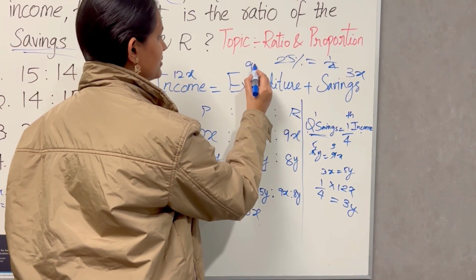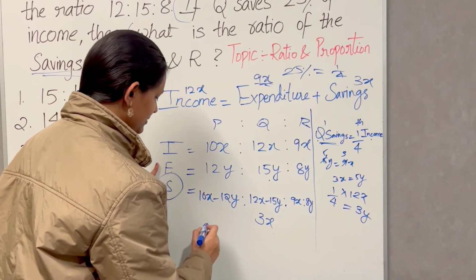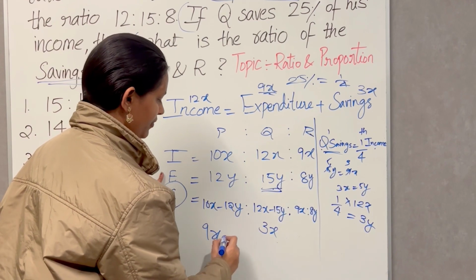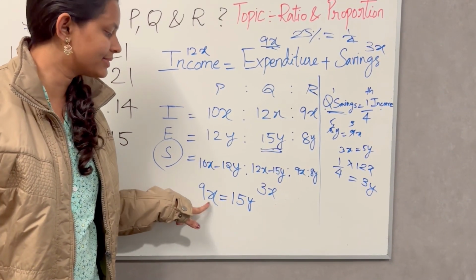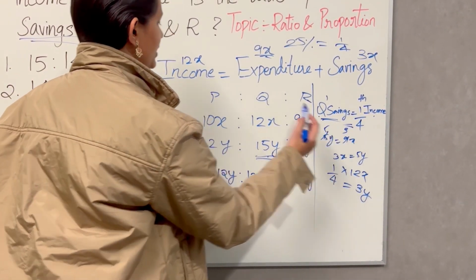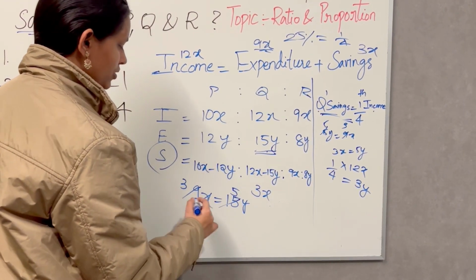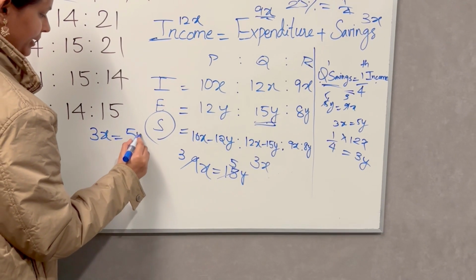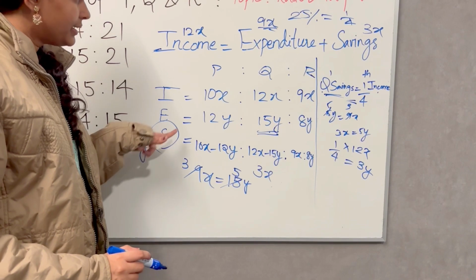Obviously expenditure is 9x. We got expenditure in terms of x, that is 9x. In the question it is given as 15y. So from here we get the relationship between x and y using this information and this formula: 9x equals 15y, and dividing, 3x equals 5y.